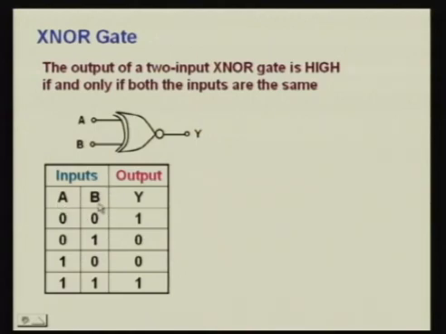So this is the truth table for the XNOR gate. We have inputs A and B, and output Y. If we give 0, 0, that is, both the inputs are the same, then we will be getting the output. So we will be getting output corresponding to the first row and the last row of the inputs. Here this will be 1 and this will be 1, but for unequal inputs we will be getting 0 state. So again we can construct the output using the truth table.